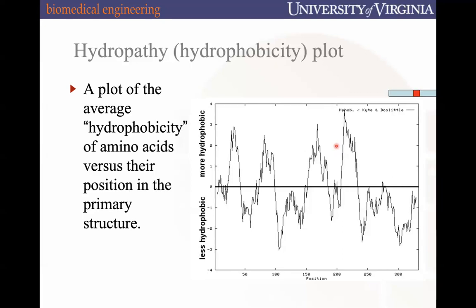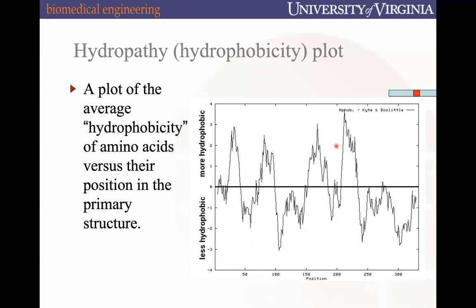Yes. Yeah, so you mean when it's folded? So yeah, the primary structure can only tell you so much, right? So from it, you can only infer the actual amino acids, whether they're hydrophobic or hydrophilic.